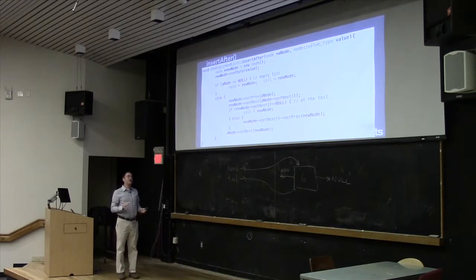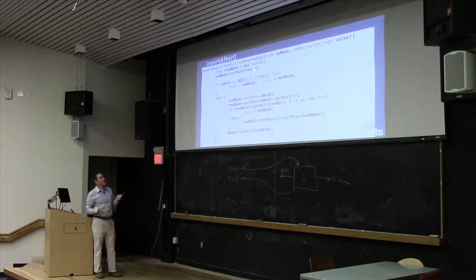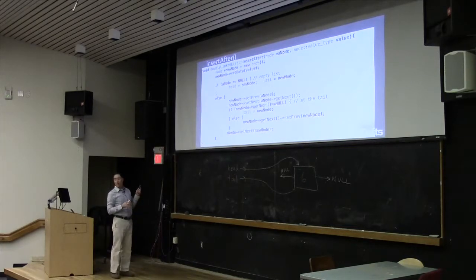Let's add another node. We'll insert another node after this one. OK? Everybody gets what we're going to do? We're going to have one more node, and it's going to be after this one. So we go through our function, and we pass this node pointer to the function. So it's going to know about this.